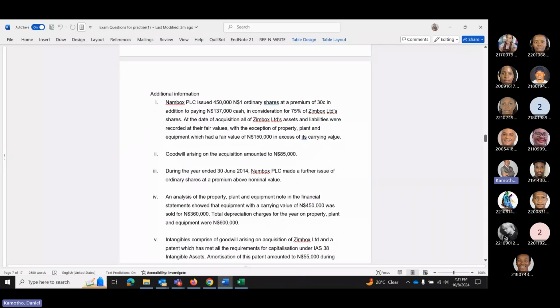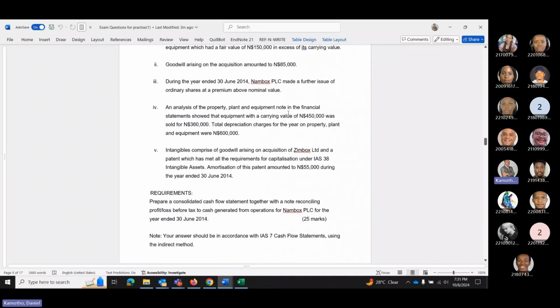Ideally, I always tell the students, the first thing is this one. The requirement says: prepare a consolidated cash flow statement with a note reconciling profit before tax to cash generated from operations for Numbox for the year ended, and your answer should be in accordance with the cash flow using the indirect method. So that's what we are going to do.